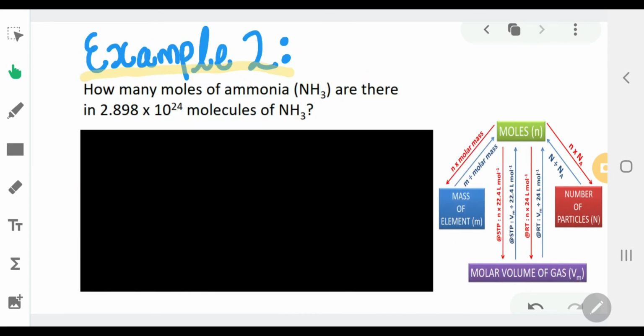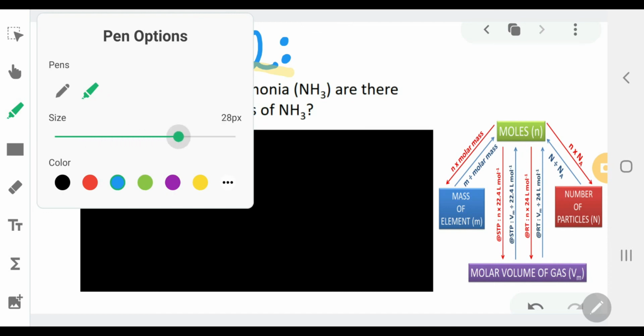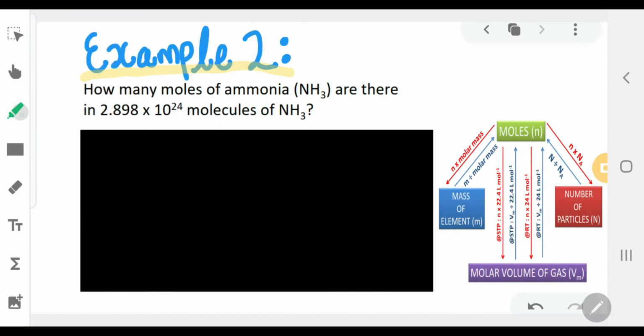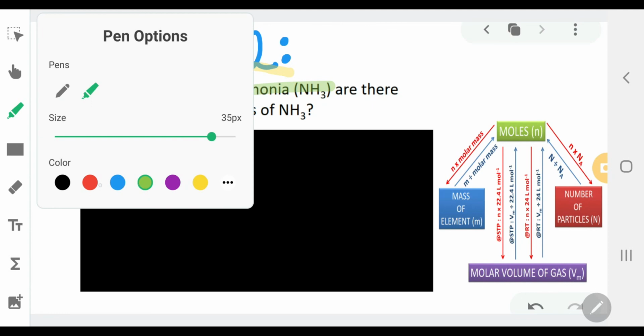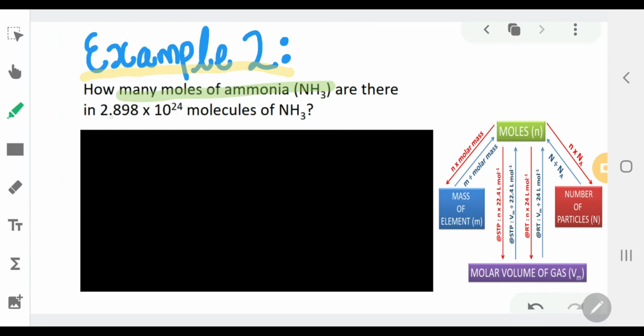Let's have a look at another one. Now, this question is kind of similar. So you need to find how many moles of ammonia, and it's already given you the number of molecules.